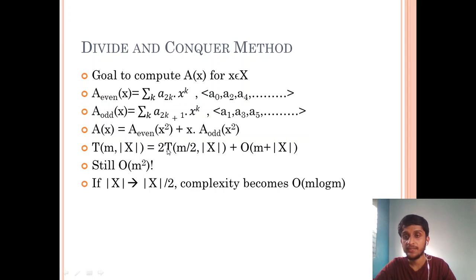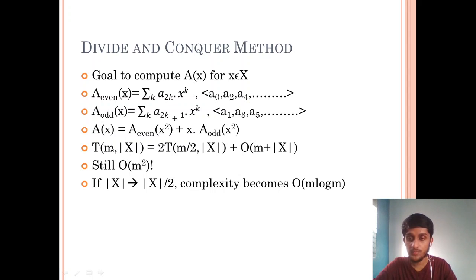So we divide it into two subproblems, A even and A odd. Now for A even, we have only m by 2 coefficients, and we need to compute it for all the points which we stated earlier, and there is some linear overhead. Order m corresponds to the time we need for sorting out these even and odd coefficients, and order x would correspond to the multiplication operation which we are doing.